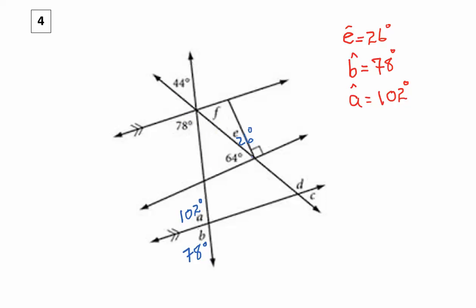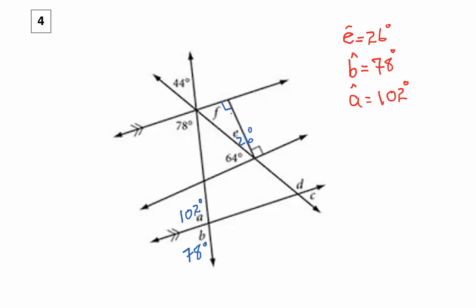Next, I'm going to try and find angle F. Now, angle F is very difficult because here's my triangle there, and I've only got one angle, 26. This angle here is not 90 degrees.